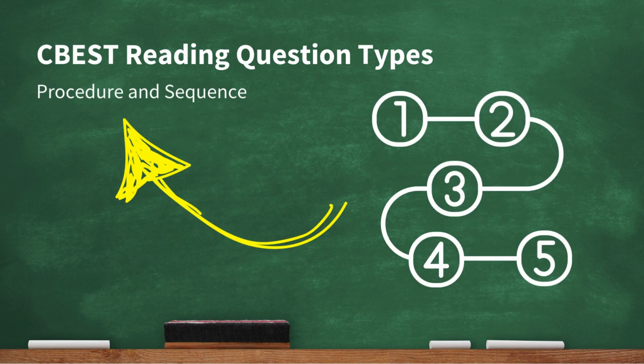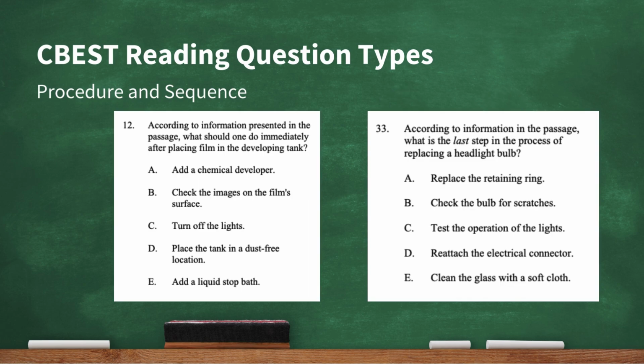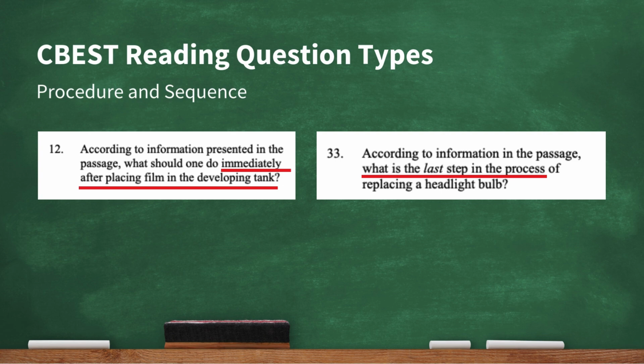And in order to keep it moving, we're going on to our next question type, which is called procedure and sequence type of questions. Now, notice here with these example questions that what they want you to do is to identify procedure or sequence types. And in order to do that, we can identify the key words that indicate order or order of events or steps in a process.